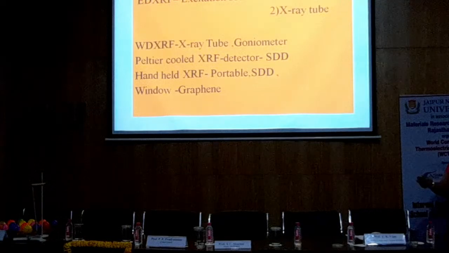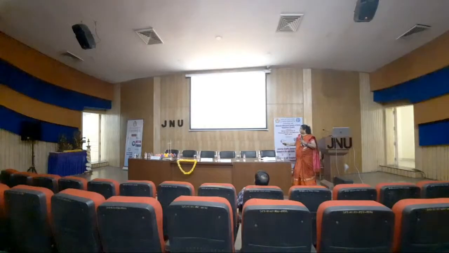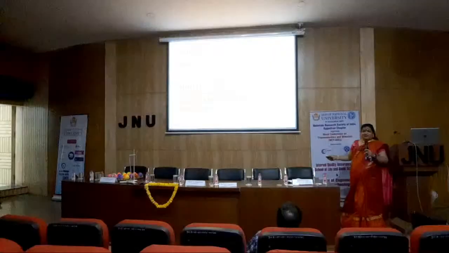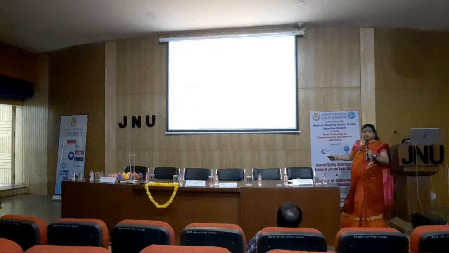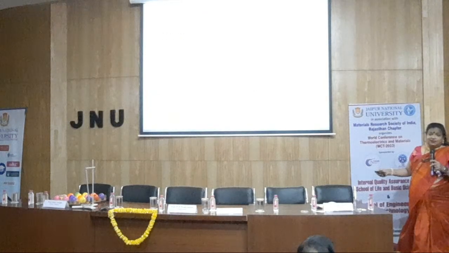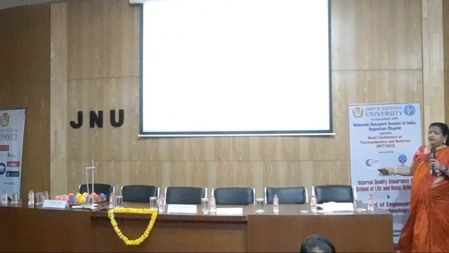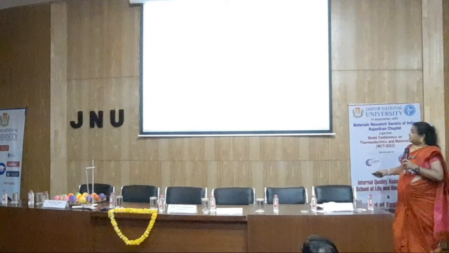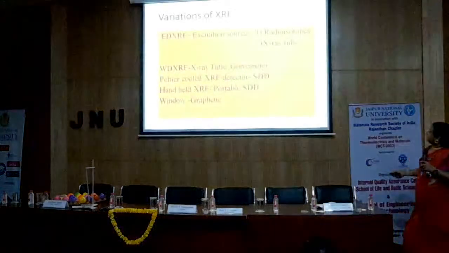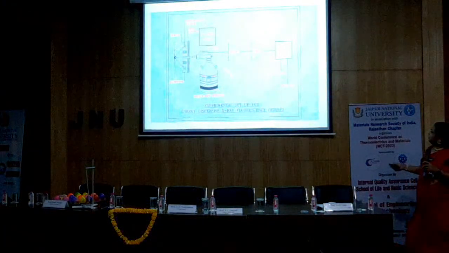But with handheld XRF, because the window is graphene, you can characterize the phosphorus, the sulfur, and aluminium, which is very important. Many materials are coming up so much, especially aluminium related materials. Next. So this is the machine we have in BRC.